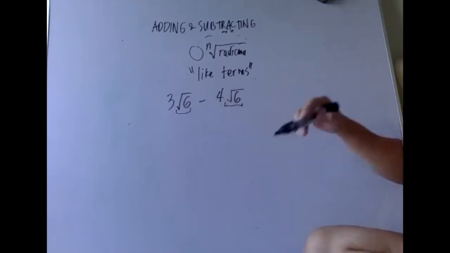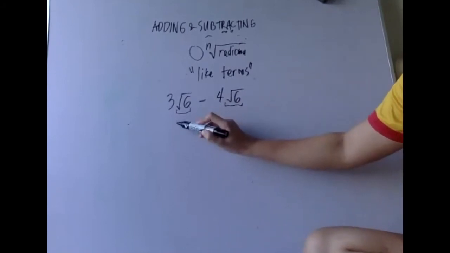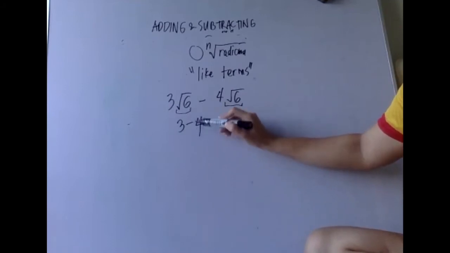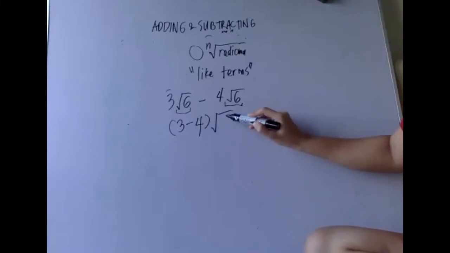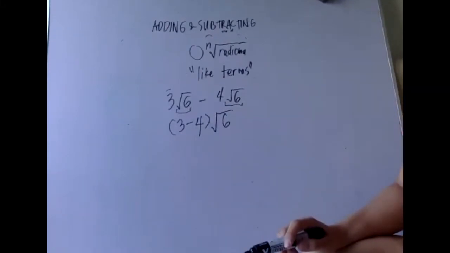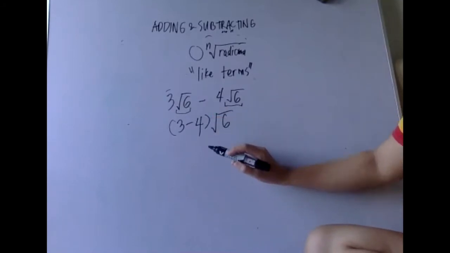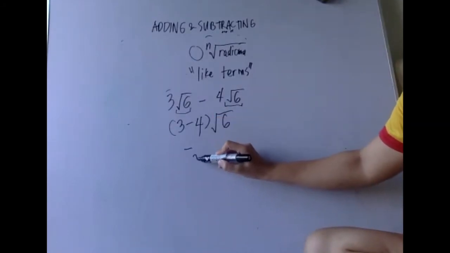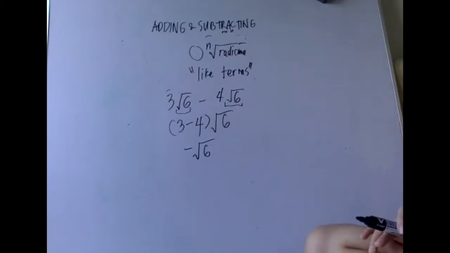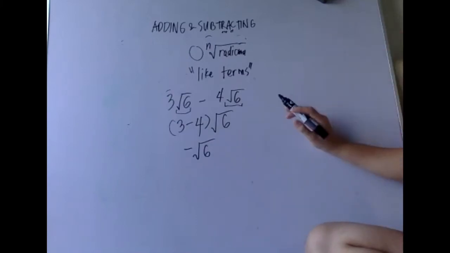So you can, by distributive property, pwede kang mag-subtract ng coefficient nila. Okay? 3 minus 4 times square root of 6. So, simplify, we have negative square root of 6. Nakuha naman siguro to, no?